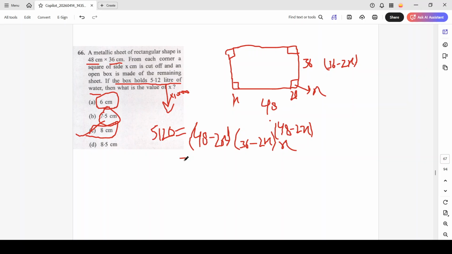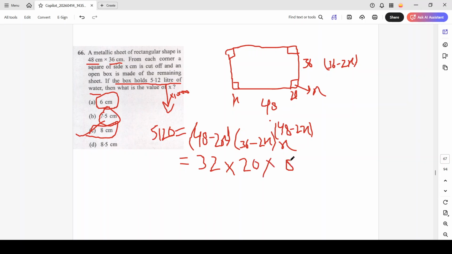Now let's see, 48 minus 2x, that means 16, becomes 32, and 36 minus 16 becomes 20, and x is 8.